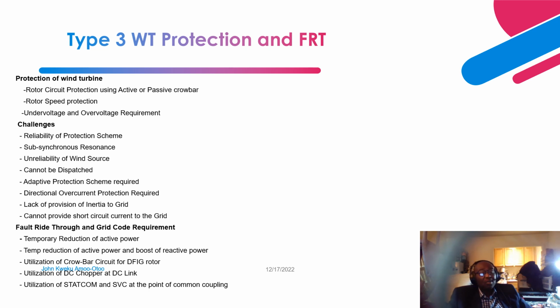Same like the crowbar, we can have an active DC chopper that utilizes power electronics, or we can have a passive DC link chopper that utilizes passive elements. And basically, it dissipates all the energy and allows restoring of the nominal DC voltage.